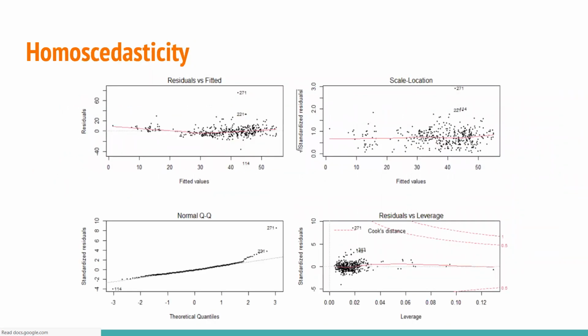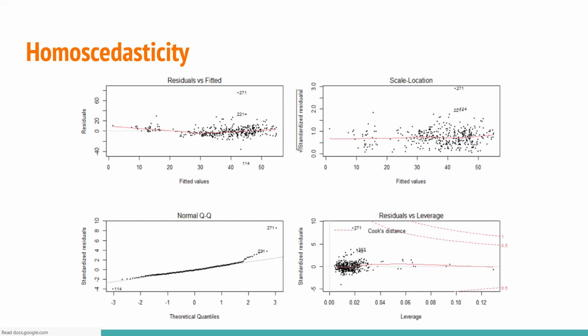To understand if this dataset can fit in the linear regression model, we started by evaluating the assumptions for linear regression. The first one is homoscedasticity. If we look at the plot on top left, the residuals versus fitted, it shows a very good line.